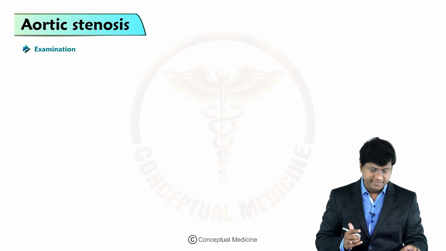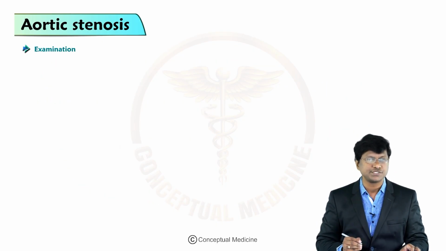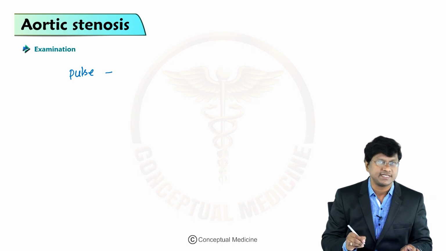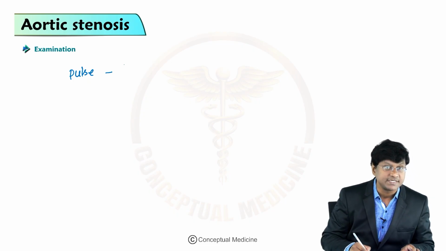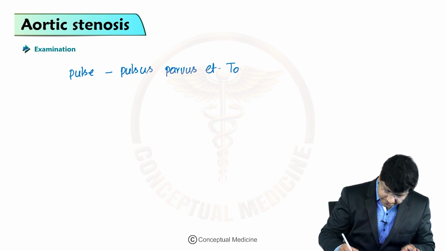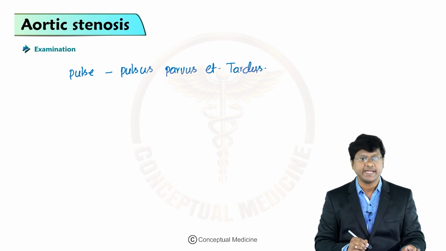Now, on examination, what will you observe in patients with aortic stenosis? First, if you take the examination of the pulse, you have a characteristic pulse, and it is called pulsus parvus et tardus.